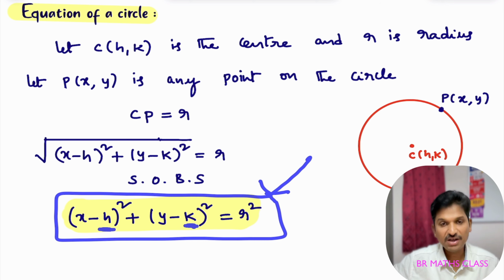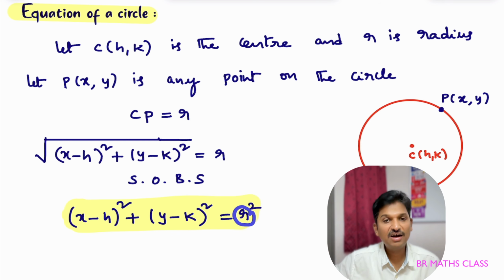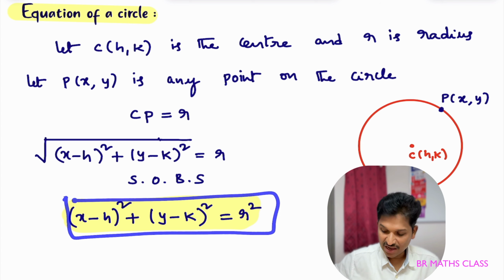Center is h comma k. What is the radius? r. I hope you are understanding, right? So what I marked here is most important: x minus h whole square plus y minus k whole square equal to r square is the equation of a circle whose center is h comma k, radius is r.